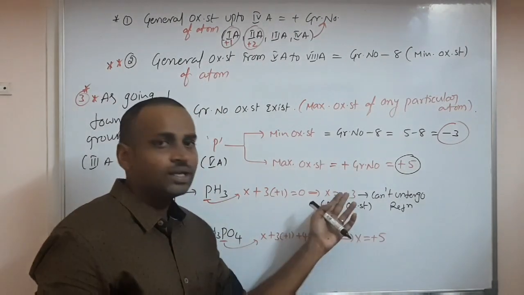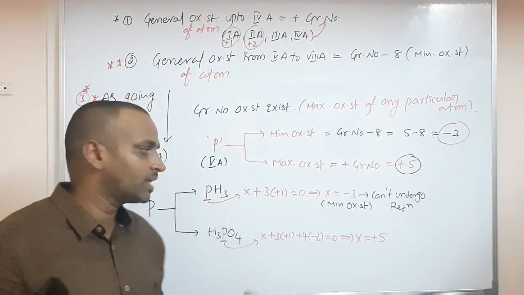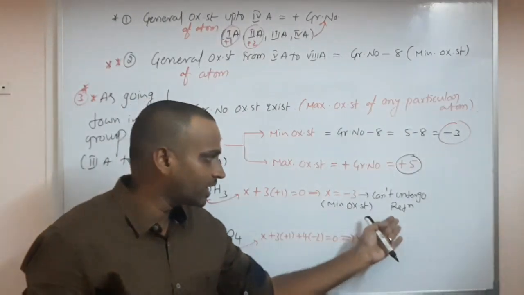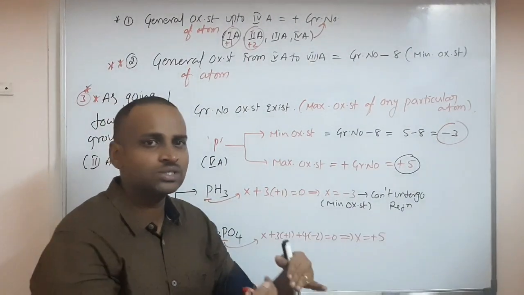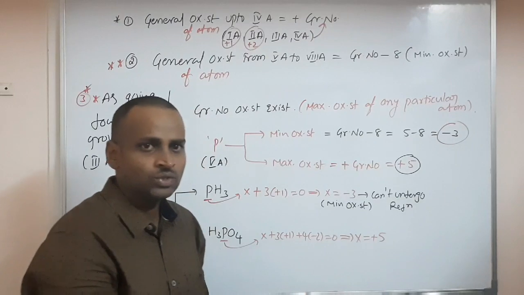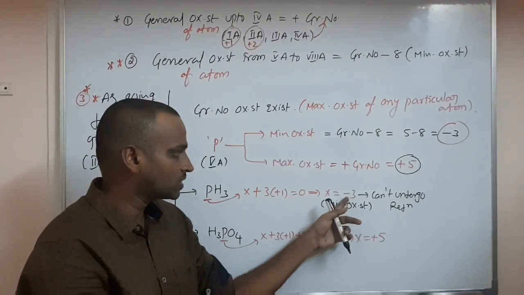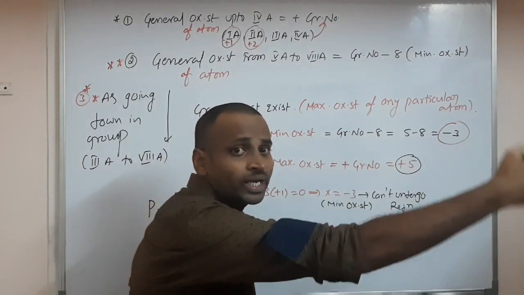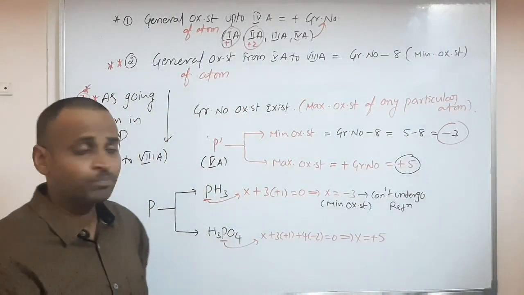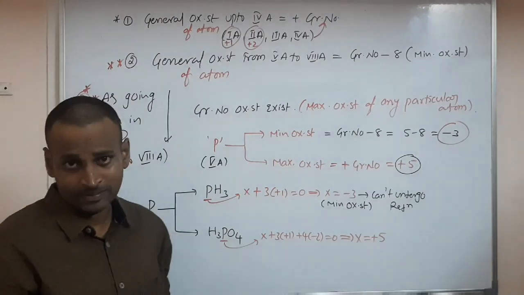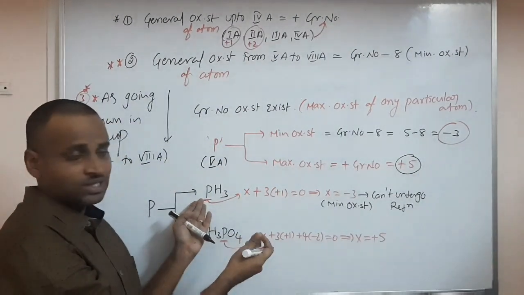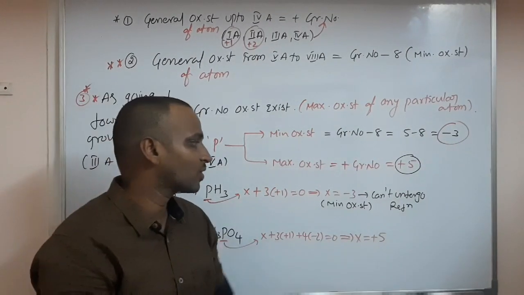Because it already has the minimum oxidation state. What is the minimum oxidation state? -3. During reduction, what I told you, oxidation state must reduce. So during reduction, this oxidation state must reduce from -3 to some -4, -5, -6, like that must happen. But -3 only is least. So it already has a minimum oxidation state.